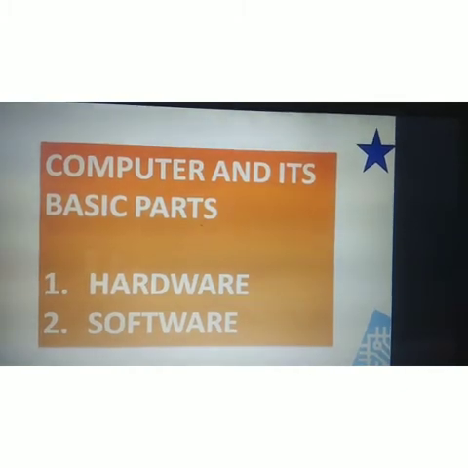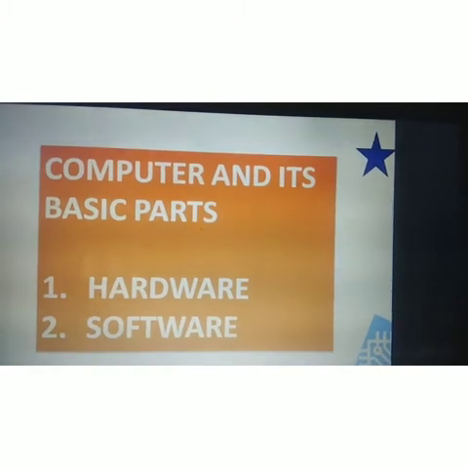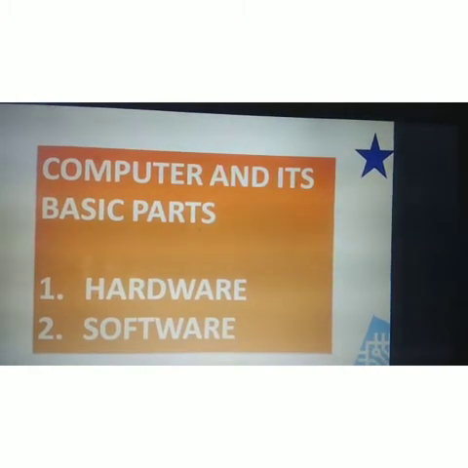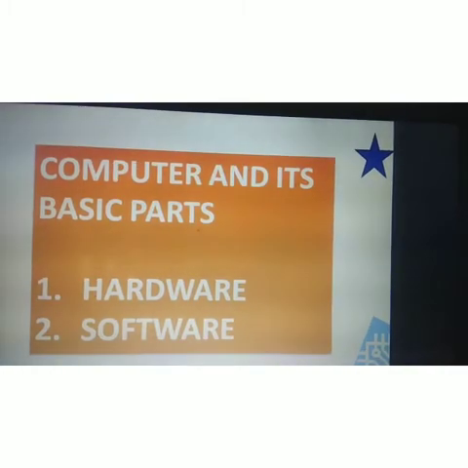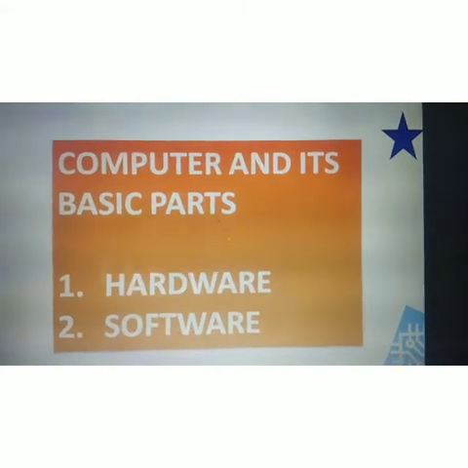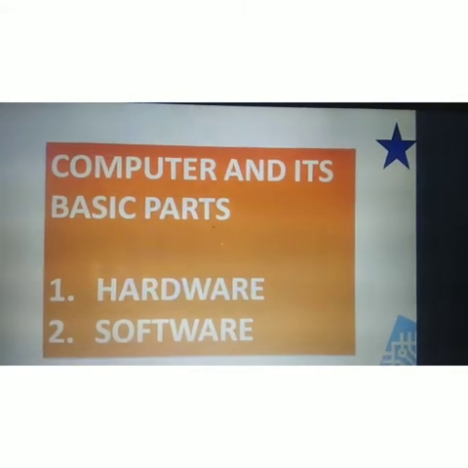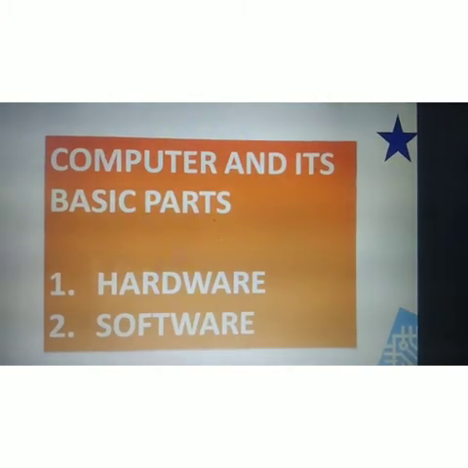You know very well, a computer is an electronic machine that can receive, store, retrieve, process and output data and information with the help of its various hardware and software components. The first component is hardware. You know very well what hardware is exactly.